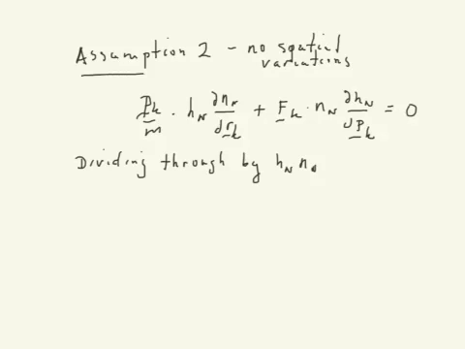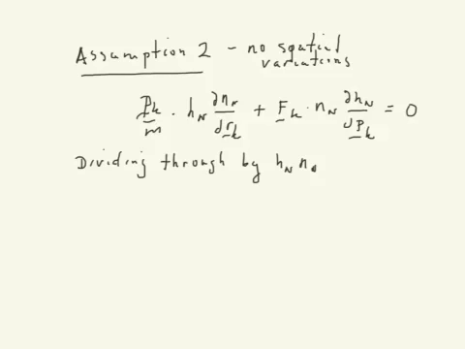Okay, so assumption 2 now is that there are no spatial variations in the system, so each of the k terms must be equal to 0. So we've written that out here, one of the k terms.